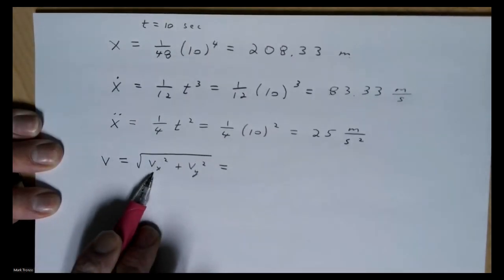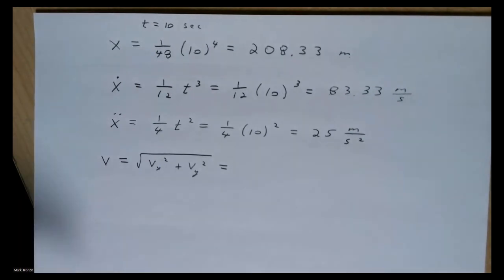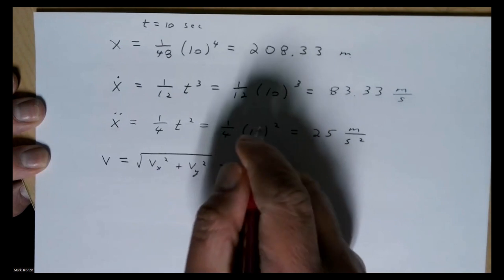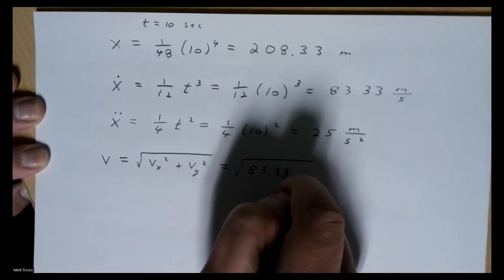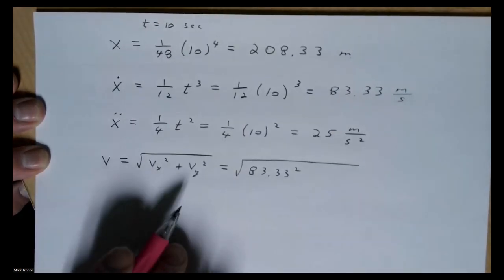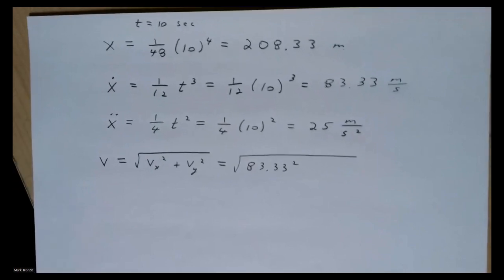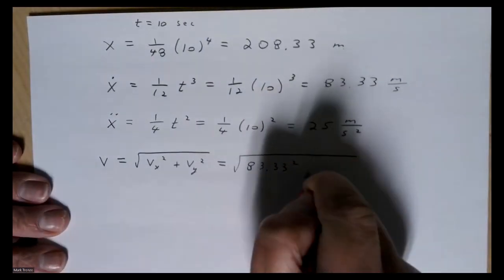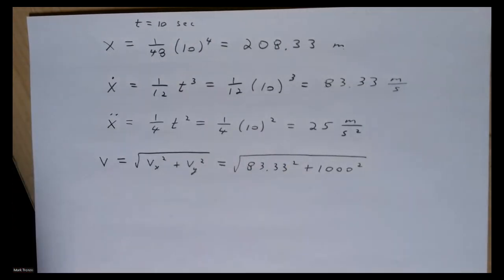And of course, this is just x dot and y dot. We just found those: x dot here was 83.33 squared, y dot we found a minute ago, and that was 1,000. And when we calculate that, we get like 1,003.5.